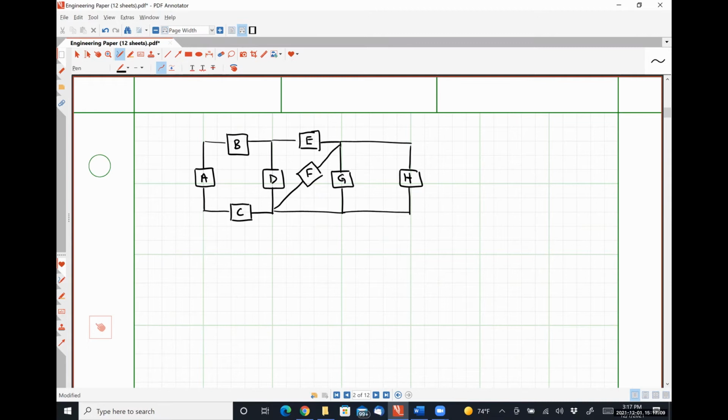So here we have a network that contains 8 circuit elements. So arguably a reasonable increase in difficulty from what we had previously, where we only had 4. So the first thing that I would like to do is to determine A, how many nodes does this network contain?